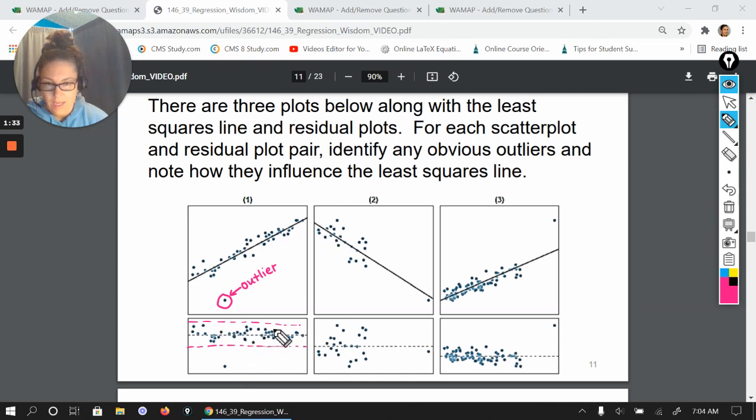But the band is a little slanted. So let's write that down: the residual plot is a little slanted. So it seems like the outlier has some influence, but not a lot.